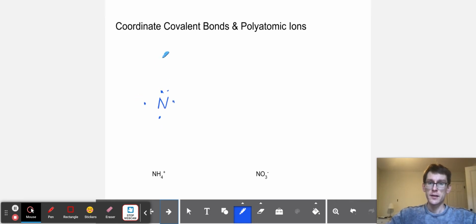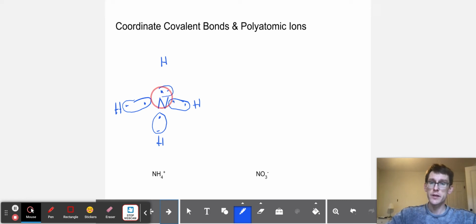Here's our N. We have 4 H's. And what I'm going to do is show bonding. Now this is NH4 plus, so actually there should be an electron missing. And I'm going to take that electron away from this hydrogen. So instead of it having 1, it doesn't have any, which is fine.